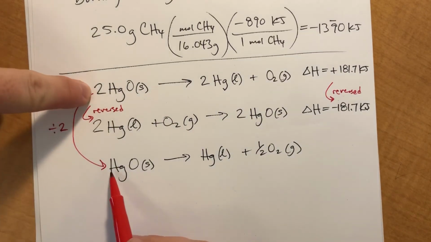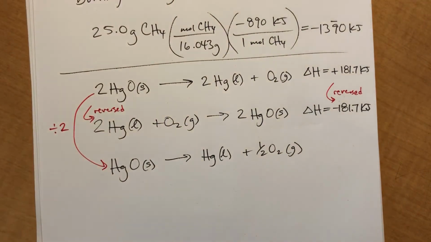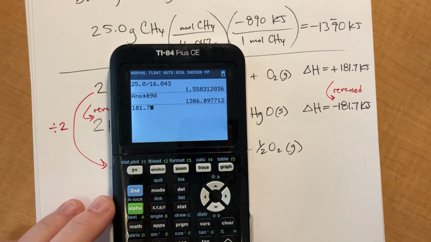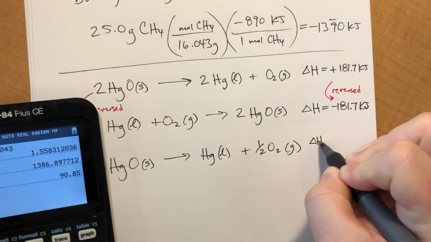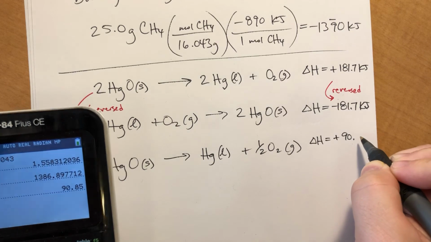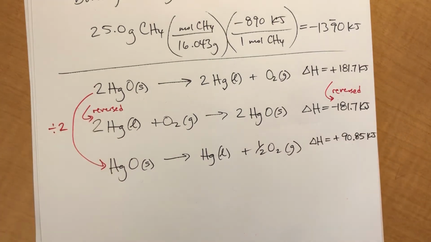Right? This was 2, now it's 1. This was 2, now it's 1. This was 1, now it's 1/2. So divided by 2. Okay. The same thing is going to happen to delta H. So we're going to take 181.7 divided by 2. And our value is positive 90.85, I guess. Keep our sig figs right. Okay.